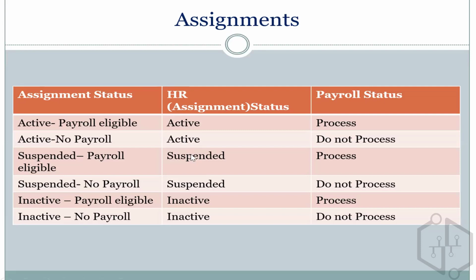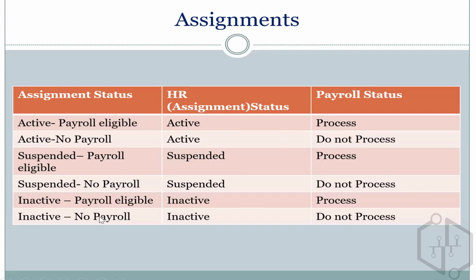In that case, the assignment status will be suspended, but the payroll status will be processed. Payroll will still be running on that. It's not that payroll will not be running.